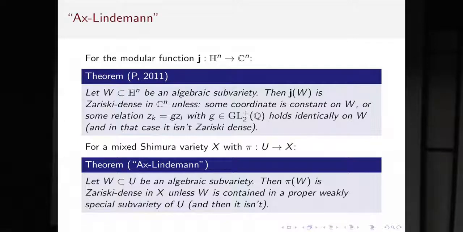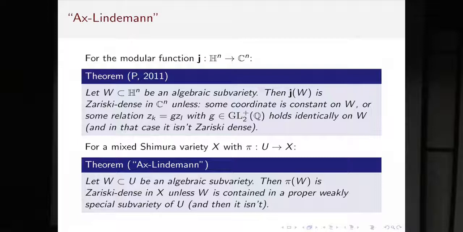So this, if you like, is a functional transcendence statement for the particular Shimura variety, and for the J function, it tells us when the image of an algebraic subvariety W, when the image of that under J is Zariski dense in C to the n. Now I need to explain that H to the n, the upper half plane to the n, actually there are no algebraic subvarieties contained in there. So by an algebraic subvariety of H to the n, I simply mean that you take an algebraic subvariety in the ambient C to the n, and you intersect it with H to the n and take an analytic component of that.